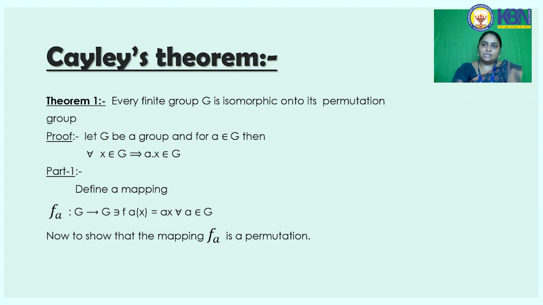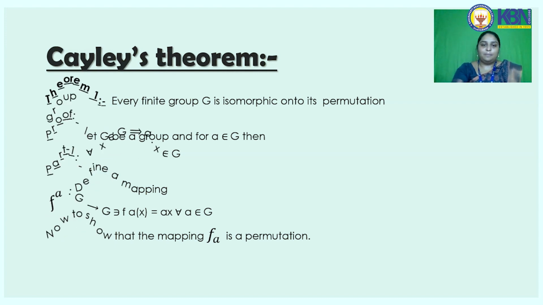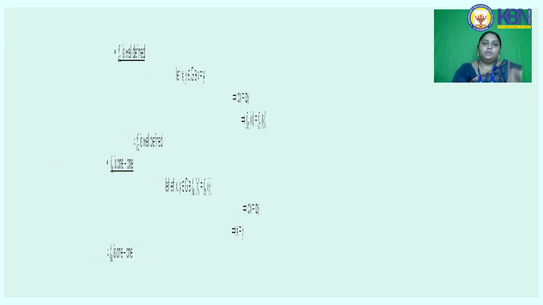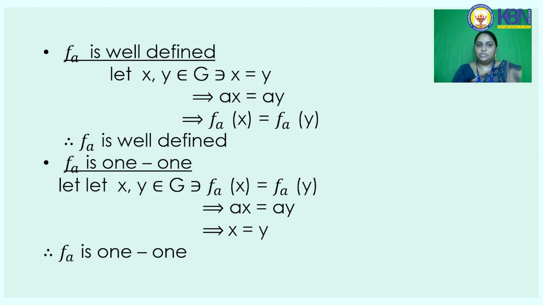First, we are going to prove that this mapping is well defined. For that purpose, we take 2 elements in the set G. Let x, y belong to G such that x is equal to y. To prove that this mapping is well defined, we take 2 elements in G and prove that their images are equal. Since G is a finite group, we know that every finite group satisfies the cancellation law.